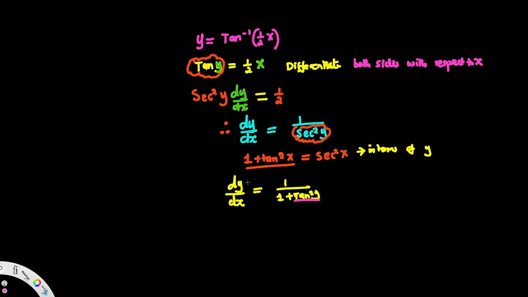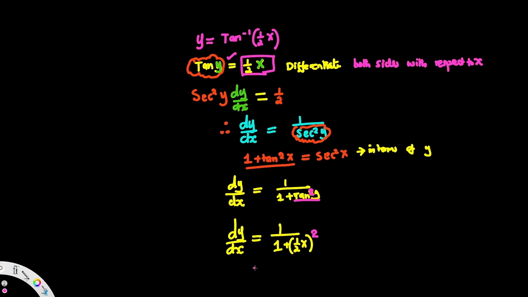But remember, tan squared y can be expressed in terms of a half x, because initially we had said tan y is a half x. So tan squared y we're going to replace with this, and we shall have dy/dx equals 1 over 1 plus a half x, now squared because our tan was squared.